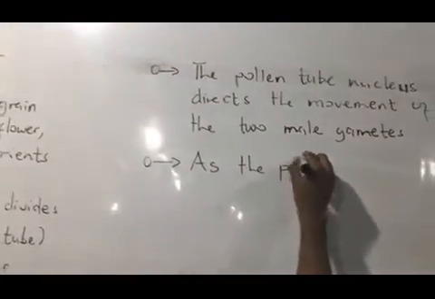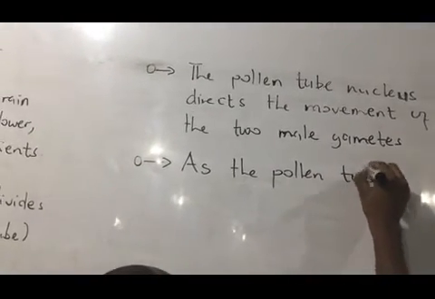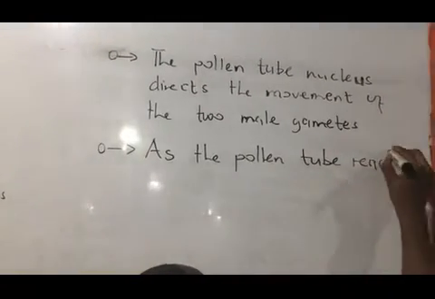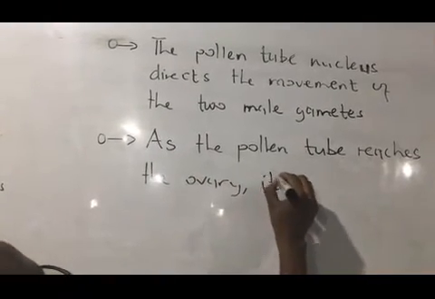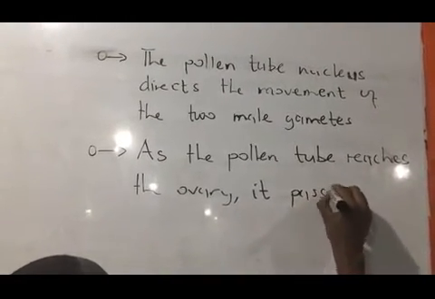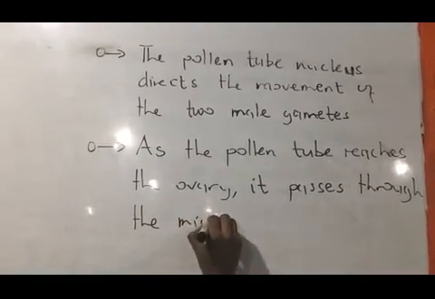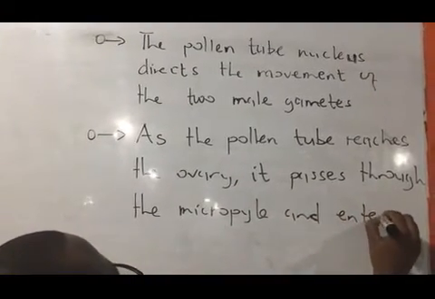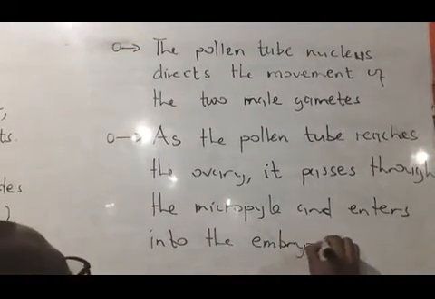As the pollen tube reaches the ovary, it passes through the micropyle and enters into the embryo sac.